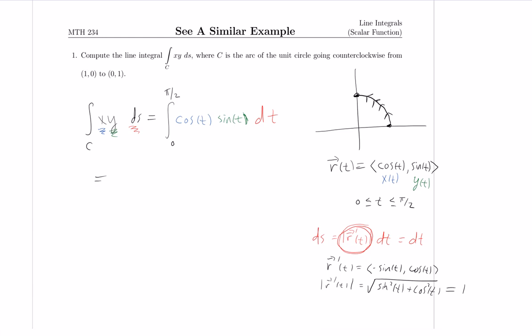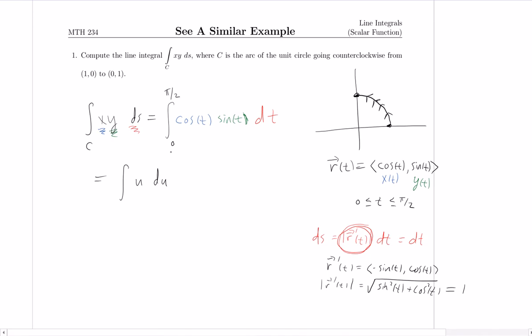So what we can do here is do a u substitution. Let u equals sine t. So this will just be u du, since du is cosine t dt. And what are the new bounds?